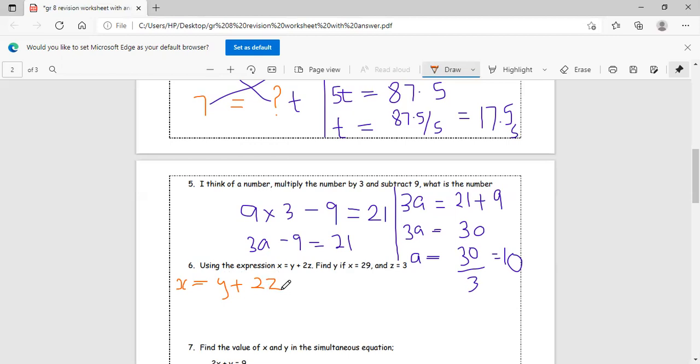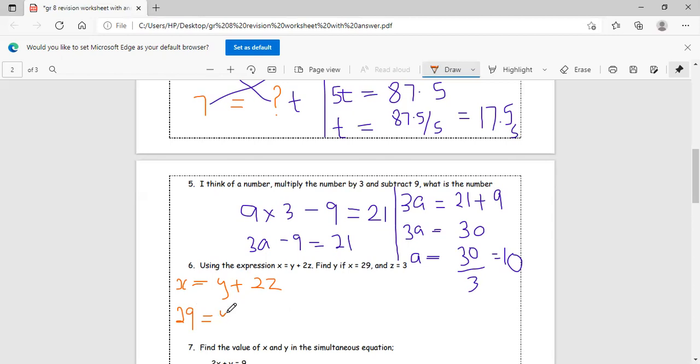So we know the value for x to be 29 and the value for z to be 3. We are looking for y. So I have 29 because that is the value for x is equal to y. Look at find y.